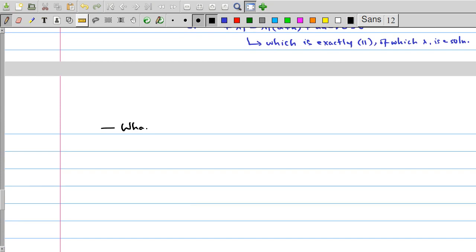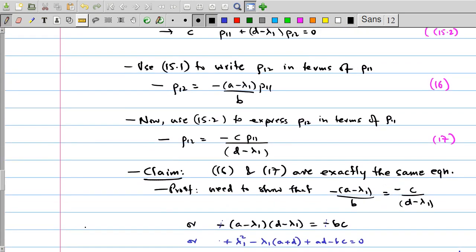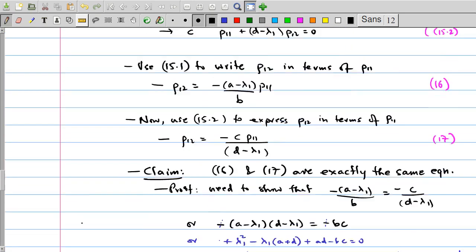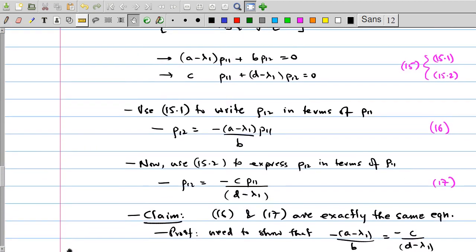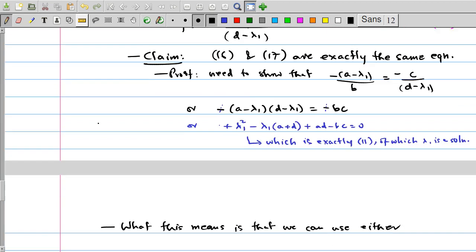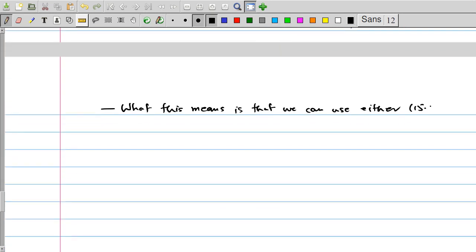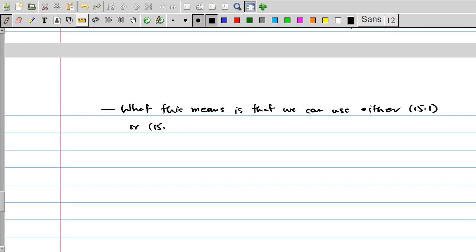Let me just write down what I just told you. What this means is that we can use either 15.1 or 15.2 to solve for P11 and P12.